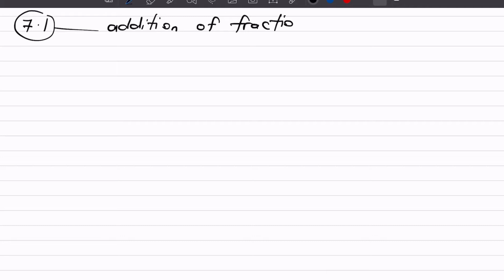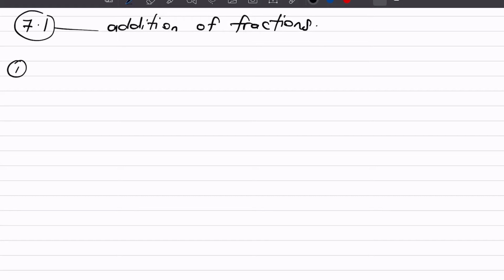Okay, so the first part, as we know, the addition of fractions. What is addition? Addition, in another way we can also call it the sum. What is the first rule that you need to know?